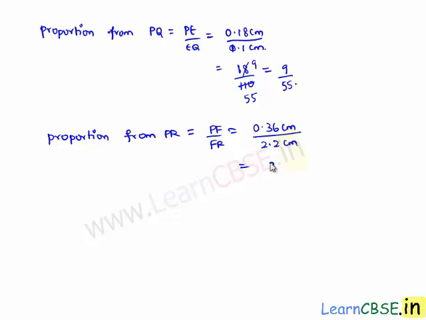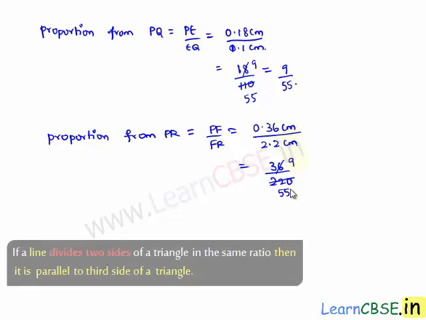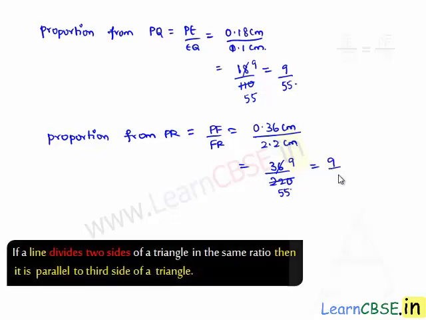By multiplying the numerator by 100, we get 36 and the denominator will be 220, and here centimeter is common in numerator and denominator, that will be cancelled. In 36 and 220 the common factor is 4, so 4 goes in 36 9 times and in 220 55 times. So finally we get the proportion as 9 by 55.